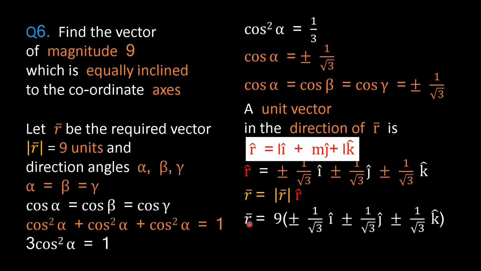Therefore, the required vector r bar will be 9 times plus minus 1 by root 3 i cap plus minus 1 by root 3 j cap plus minus 1 by root 3 k cap. Now 9 by root 3 is 3 root 3. So the required r bar vector will be plus minus 3 root 3 times (i cap plus j cap plus k cap).